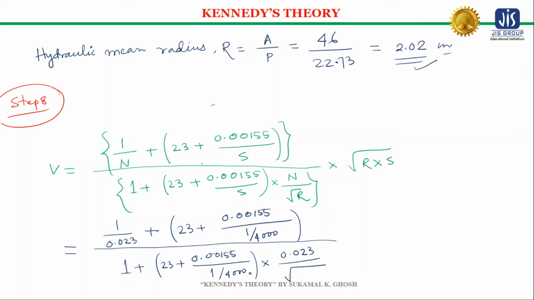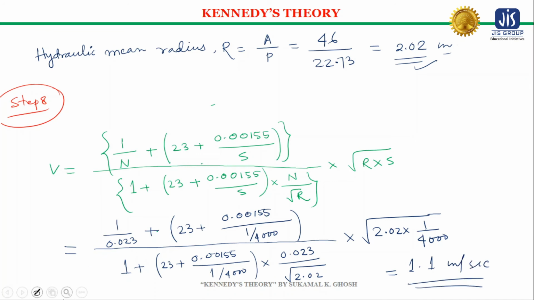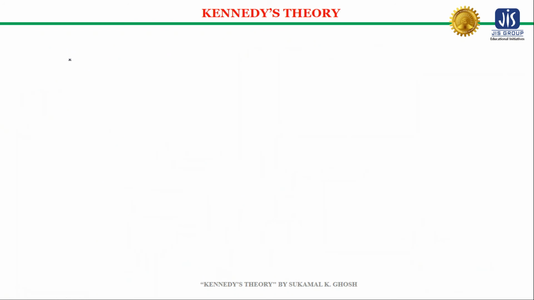That is 2.02, right, R is 2.02 and S is 1 in 4000. So if you solve this particular expression, you will have V equal to 1.1 meter per second. So that means the value of V is equal to 1.1 meter per second.